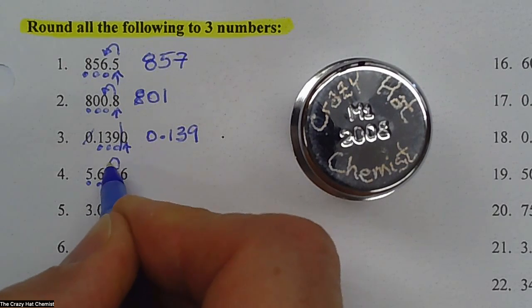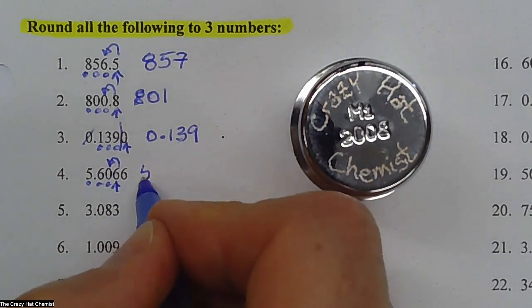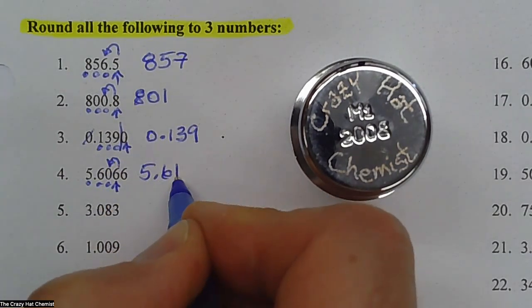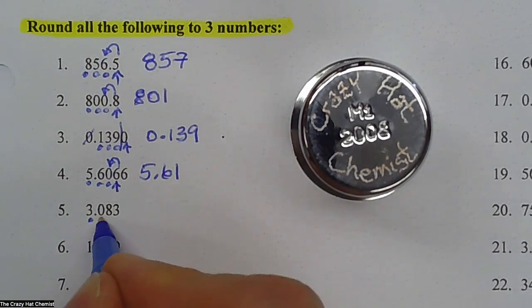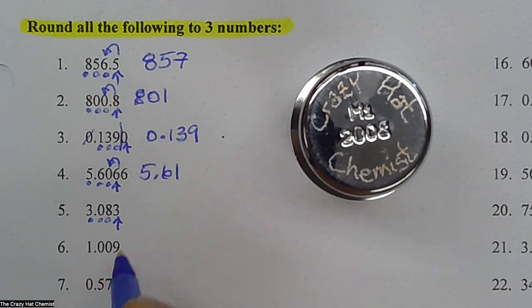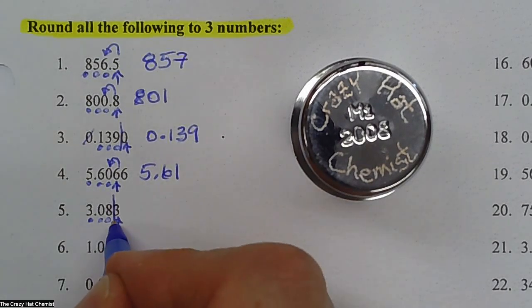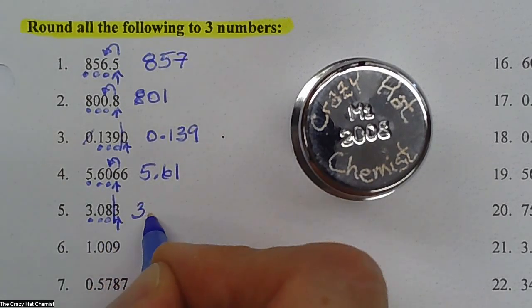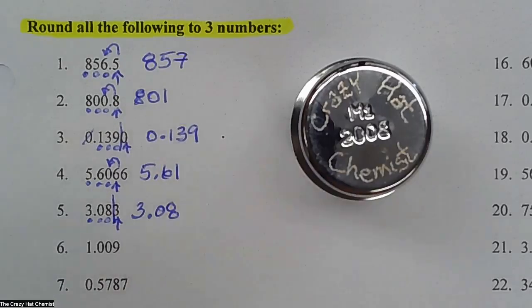That's 5 or greater, so I'm going to add 1 to the preceding digit. It becomes 5.61. 1, 2, 3 numbers. I'm rounding with that 3. That is 0 through 4, so I'm going to chop or truncate the number. That becomes 3.08. 1, 2, 3 numbers. I'm rounding with that 9. That's 5 or greater, so I'm going to add 1 to the preceding digit.